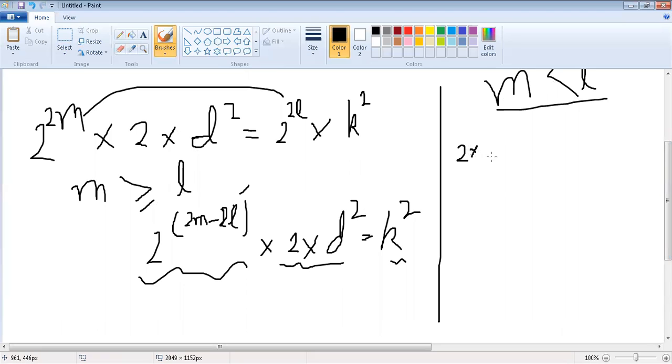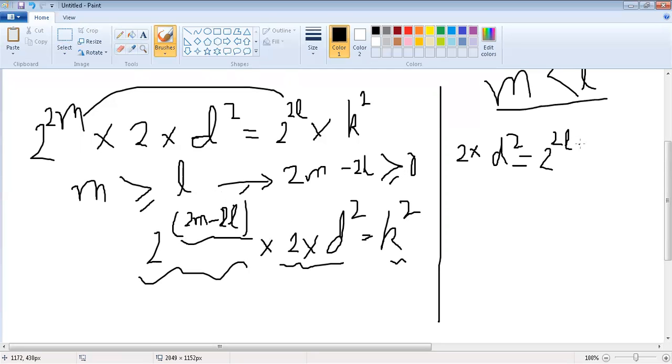So this same equation, I'm not rewriting this again, since l is greater than m, 2l minus 2m would be greater than 0 here, and an integer. That's why I wrote this. Similarly, then 2 to the power 2l minus 2m times d square equals k square.